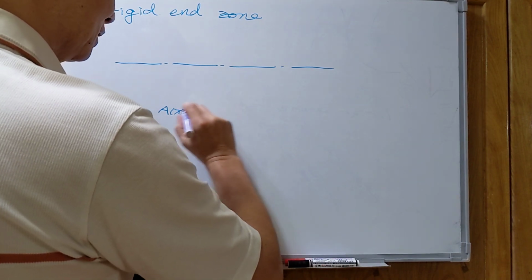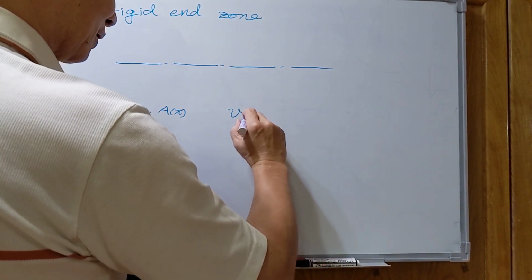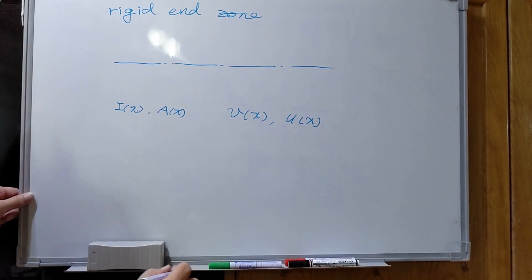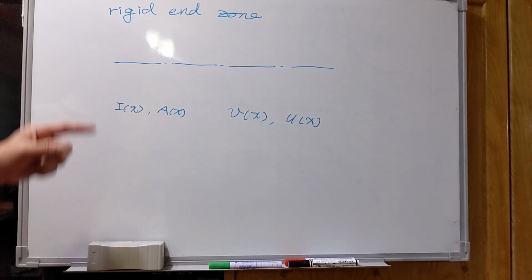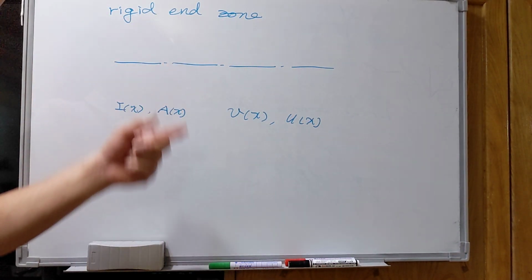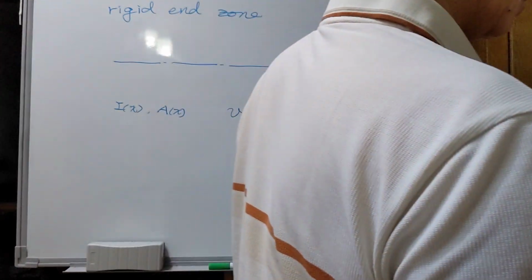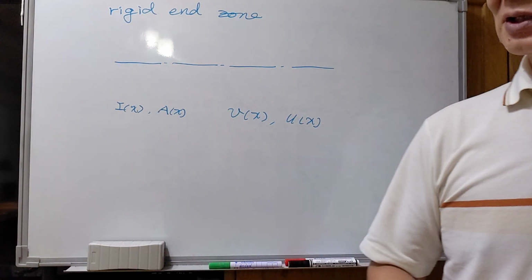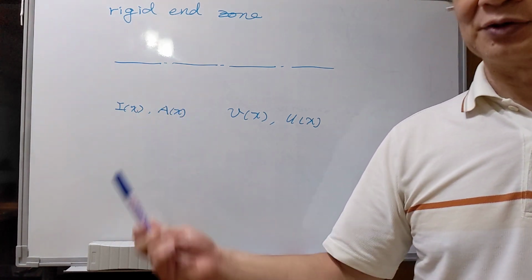Then we can use these two to calculate the V of x and U of x. In all the derivations we consider a center line and the related sectional properties, like the moment of inertia and sectional area.